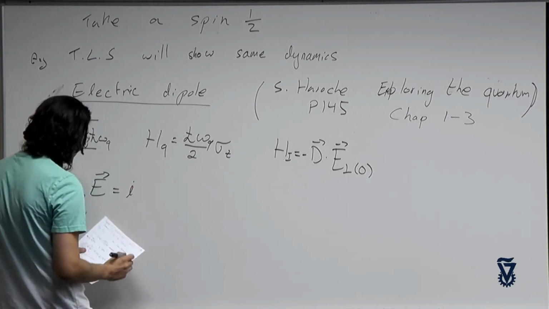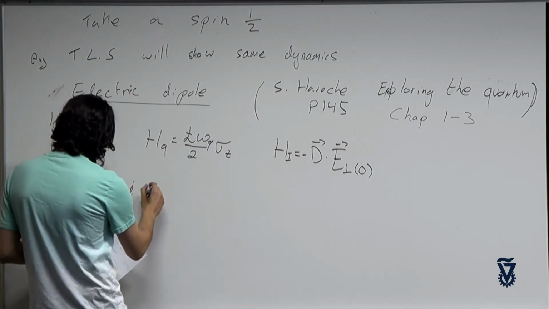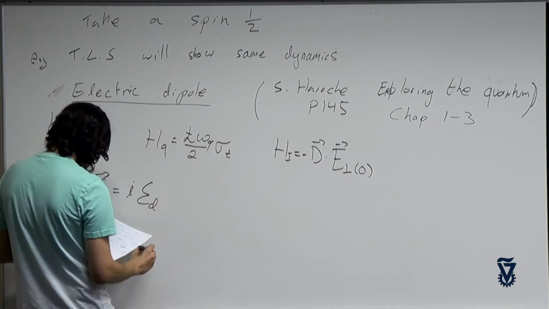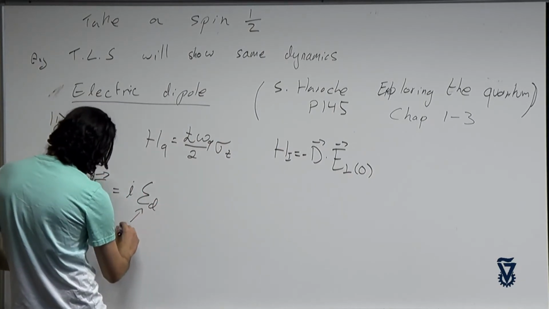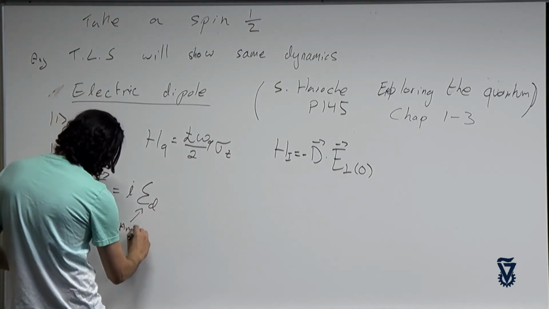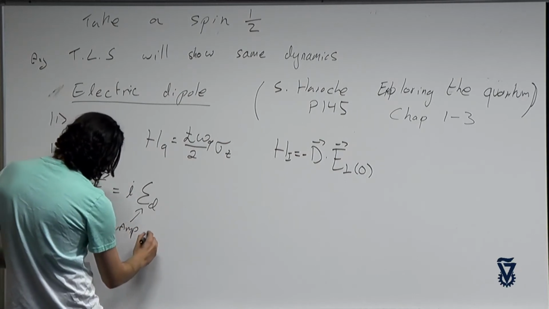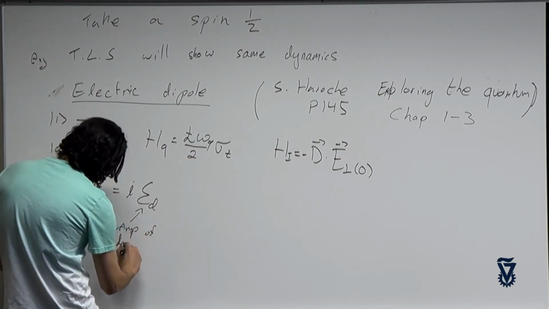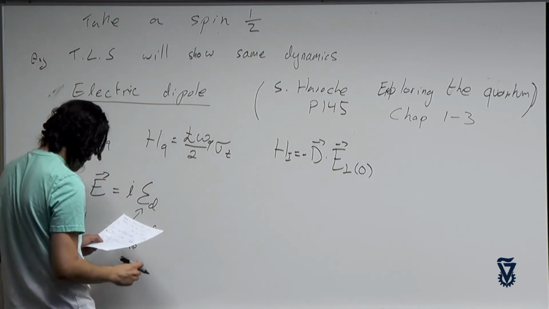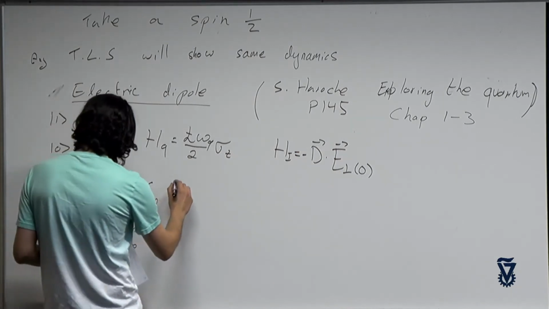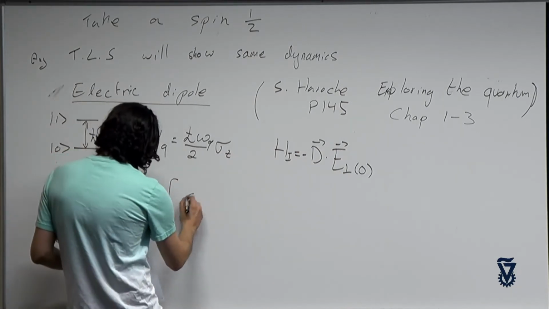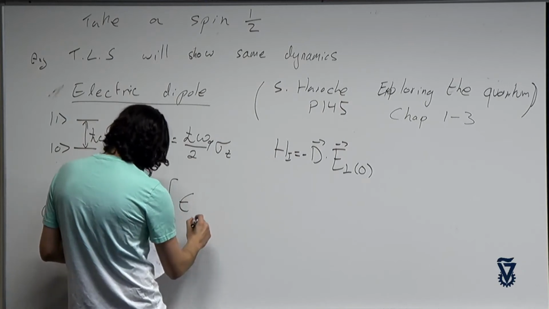And so this can be written as I epsilon d. This is the amplitude of our drive. Then we have epsilon d here.